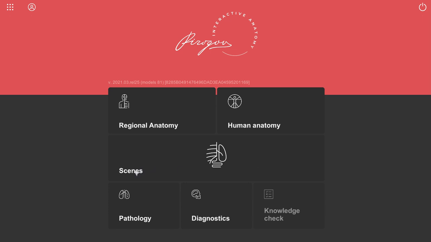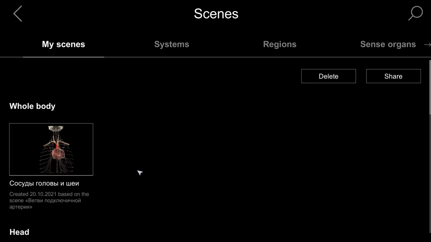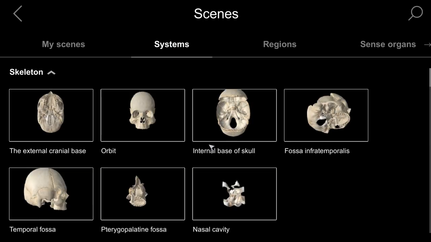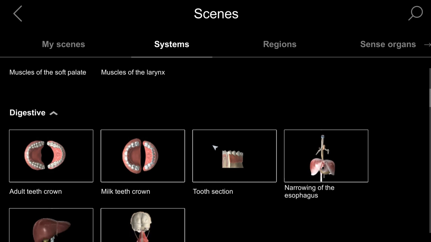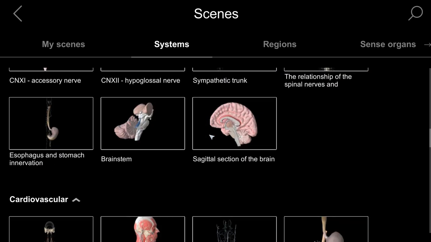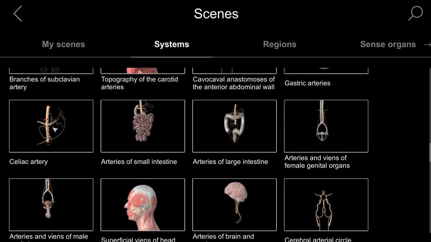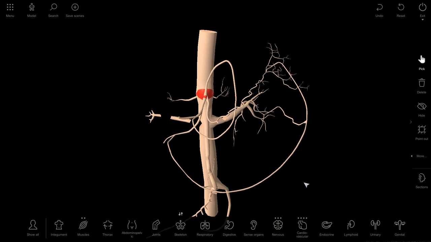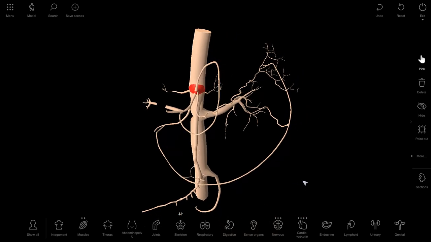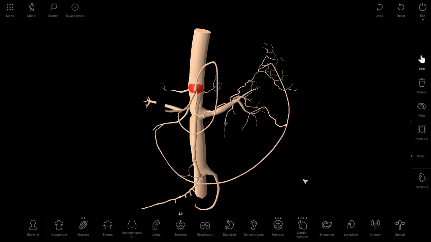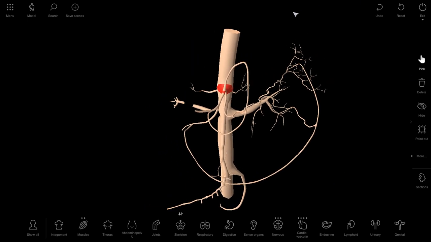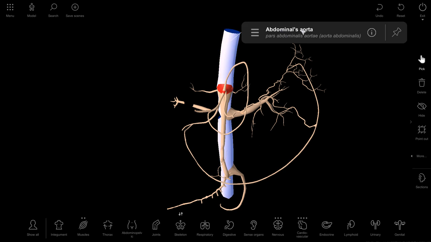So, I use Scene Systems and I shall find this celiac artery, celiac trunk. Exactly, this structure is abdominal aorta, pars abdominalis aortae, aorta abdominalis.